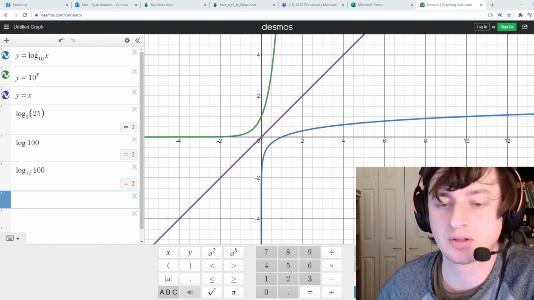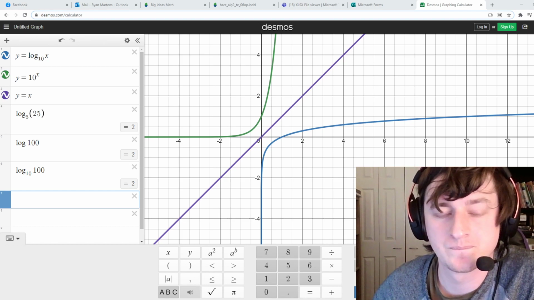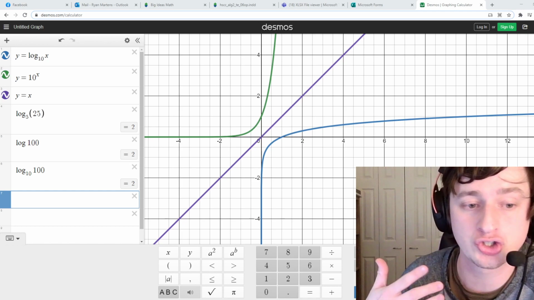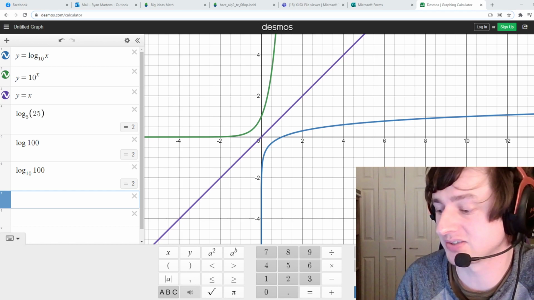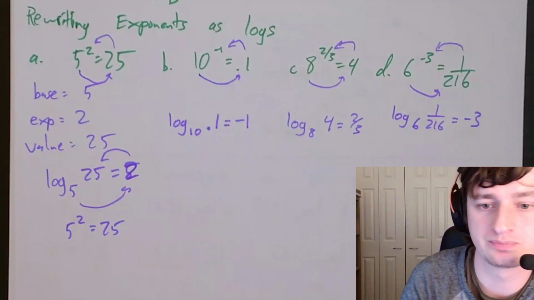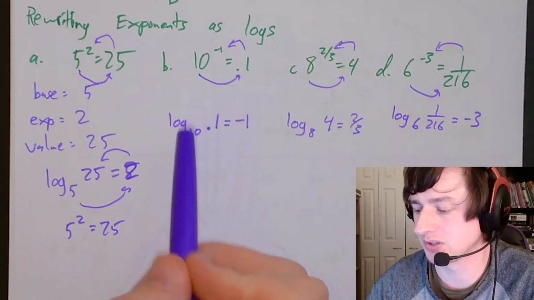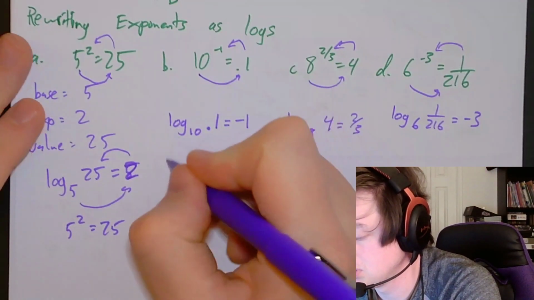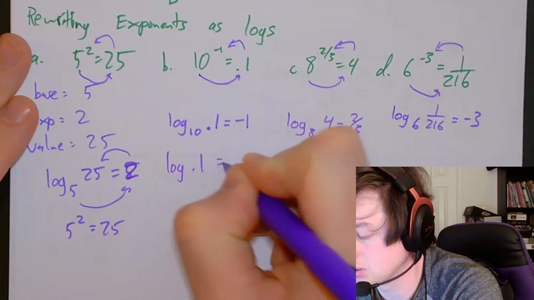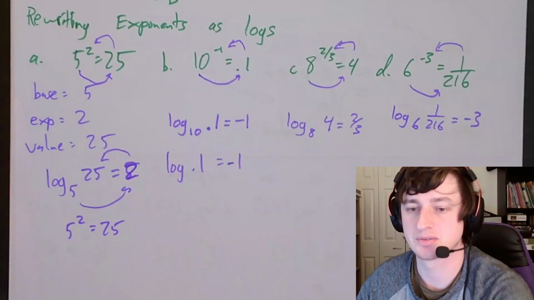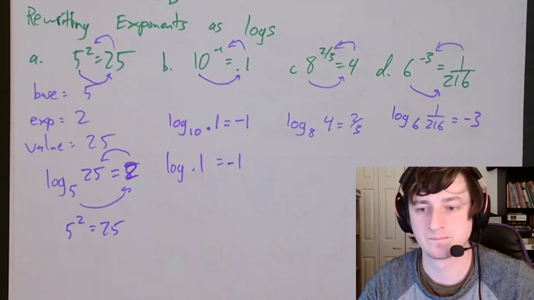We don't need to get to the philosophy of that, but base 10 is so common that we just shorthand log with no base as base 10, which is the next one that we did, right? We said log base 10 of 0.1 equals -1. This is the same as log of 0.1 equals -1. No base. I mean, the base is there. It's 10.